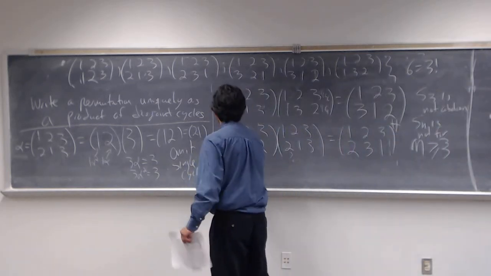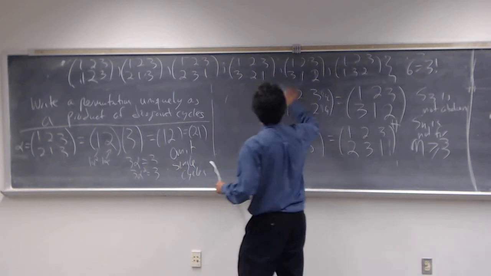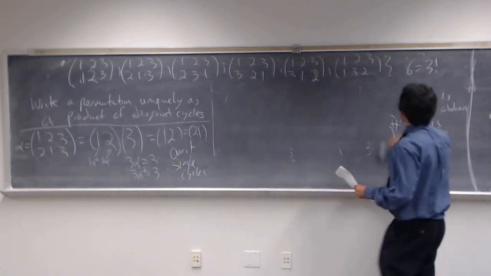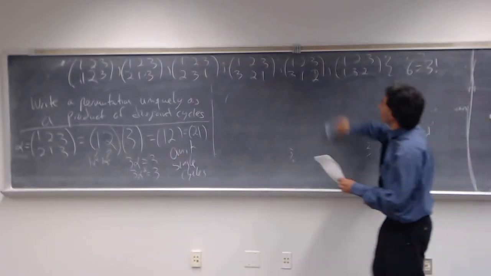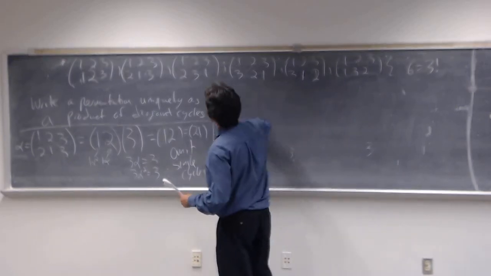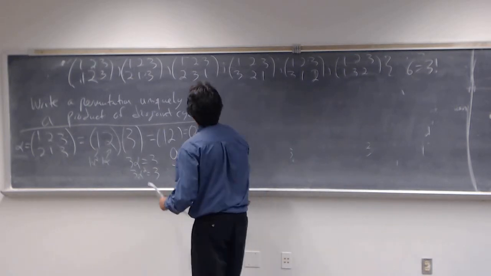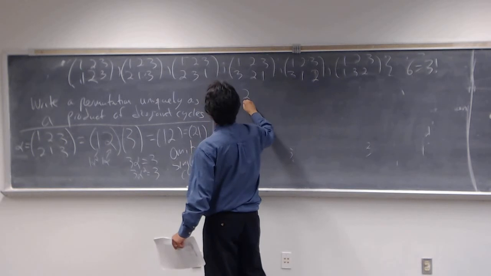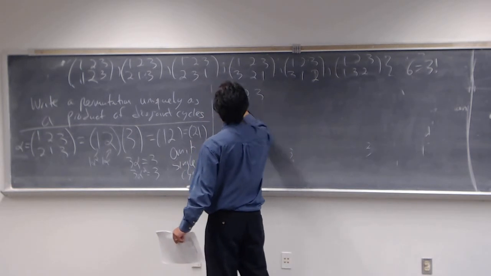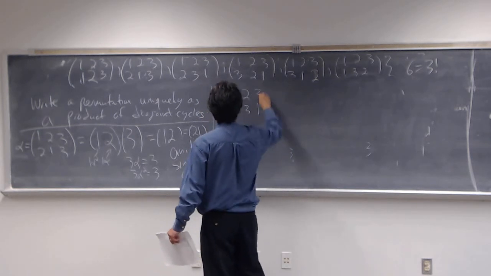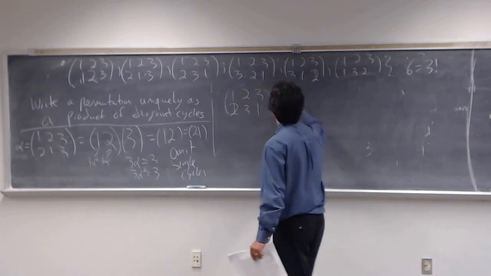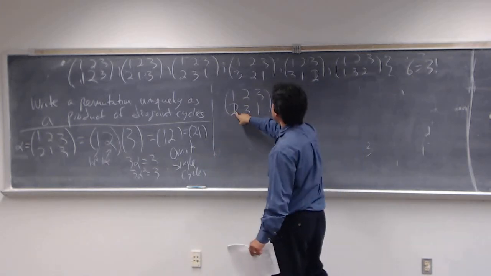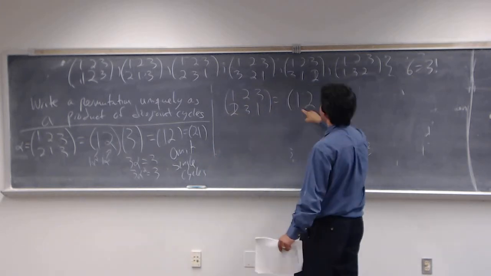So let's maybe look at another cycle. How about this one? So we start with 1. 1 would go to 2, so we indicate that.